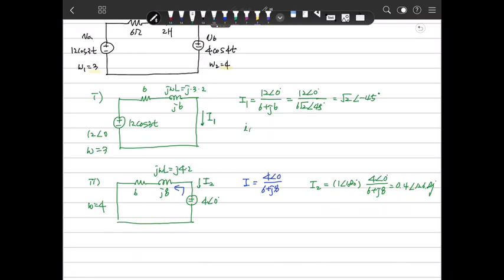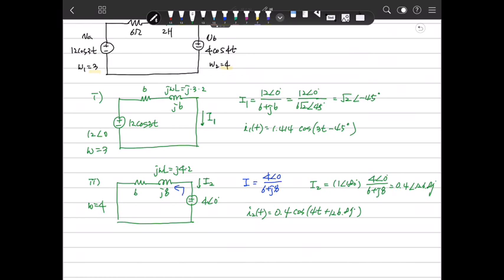So i1(t) was 1.414 cosine(3t minus 45 degrees), and i2(t) was 0.4 cosine(4t plus 126.87 degrees).